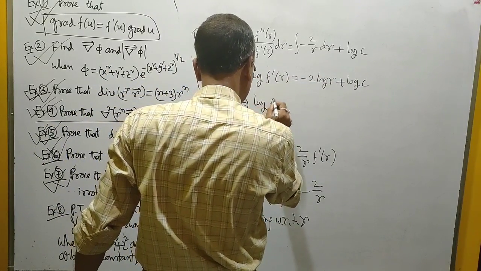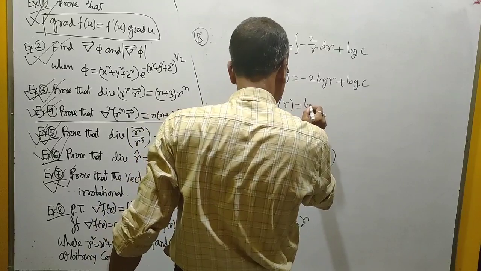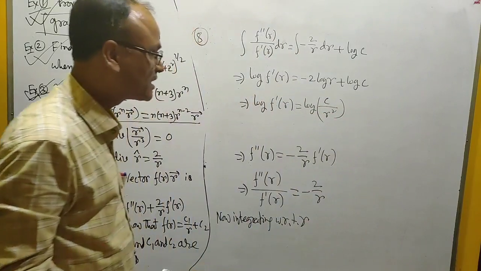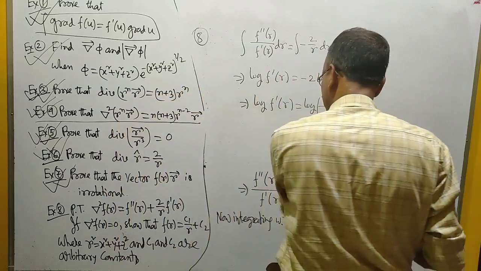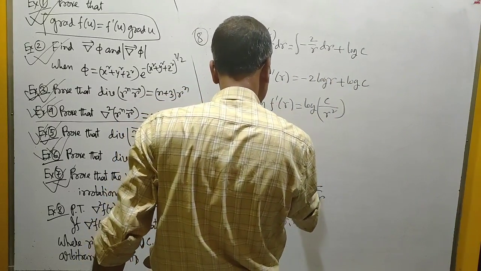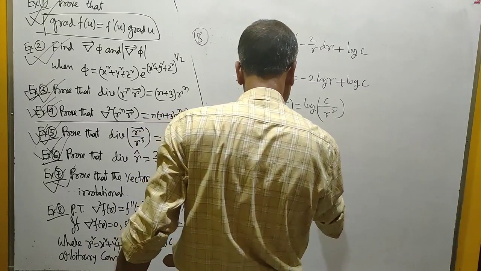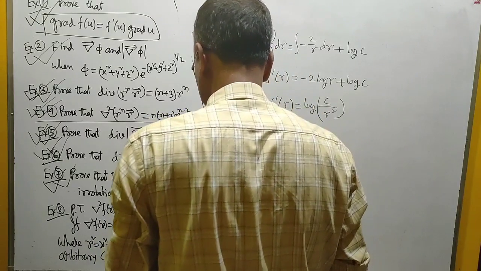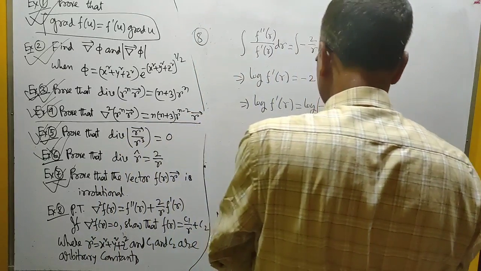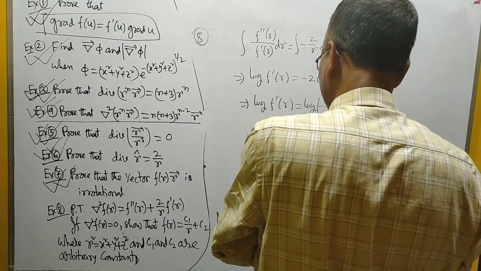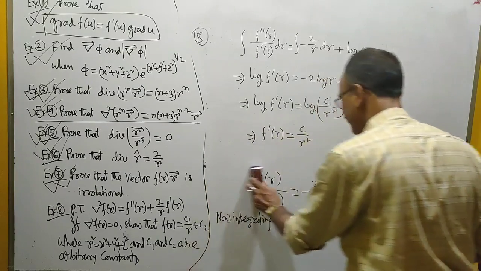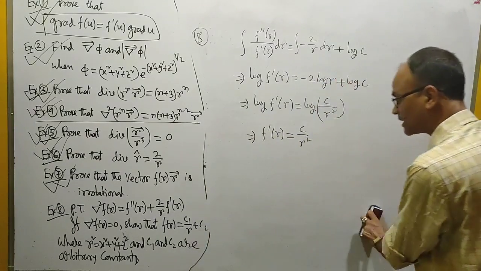This will be equal to log of f dash r equals log of C by r square. This means f dash r equals C by r square.